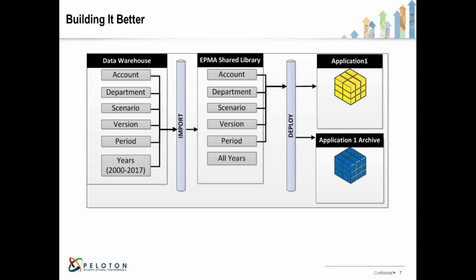Our planning application is going to be mostly forward-looking, while our historical Essbase cube is going to be prior years. So we can create local dimensions within each application and specify which years we want to bring in. We can bring in different years to different applications, and when we run our deploy, that's all going to get pushed down to the outline.